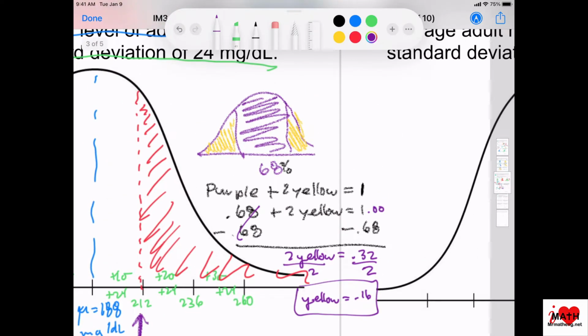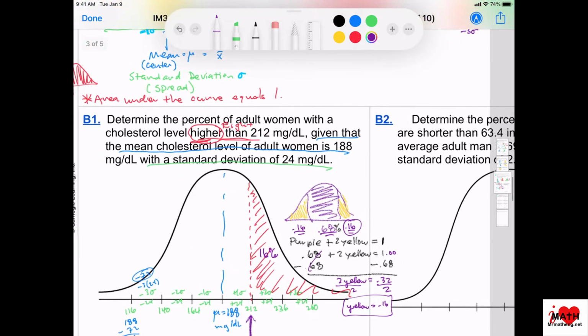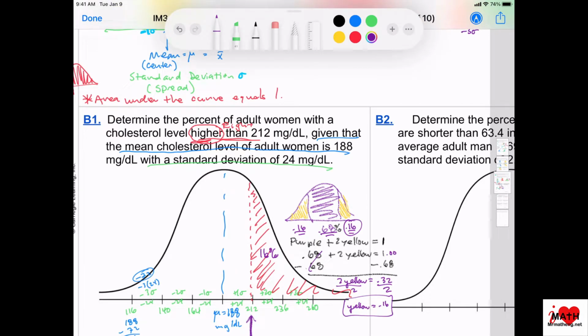So if that right side is 0.16, and this side is 0.16, 68 and 16 and 16 will give me 100. So if you look at this red region, that'll represent 16. Determine the percent of adult women with cholesterol higher than 212, given the mean and standard deviation, the answer is 16%.